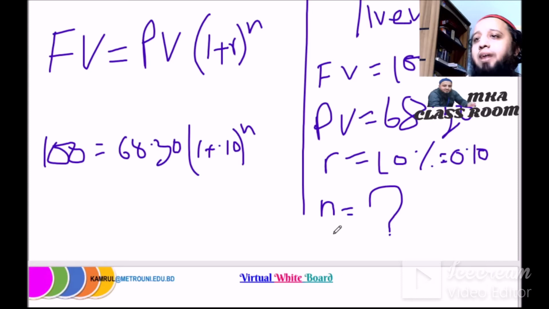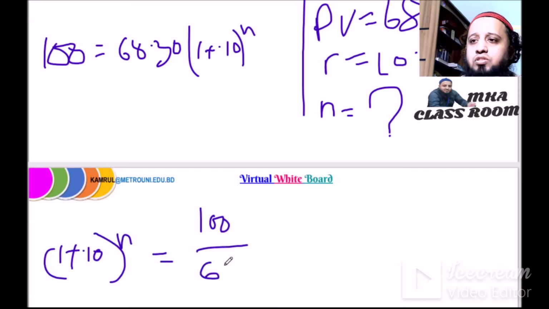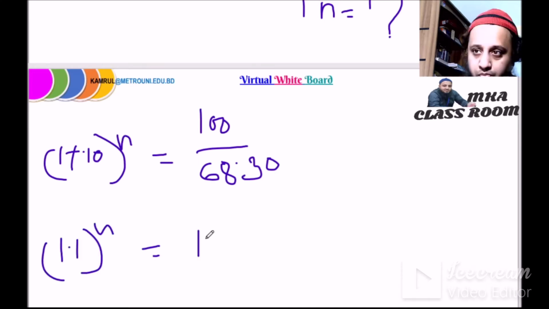So then you can write it this way: 1 plus 0.10 power n equals 100 divided by 68.30. So 1.1 power n equals 1.4641.